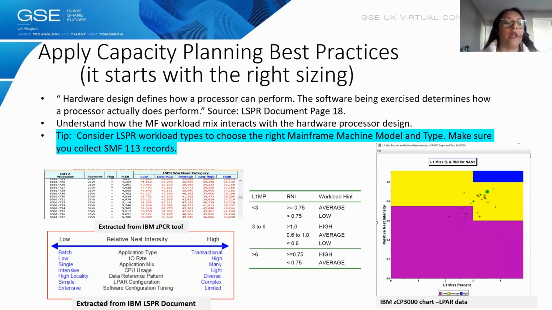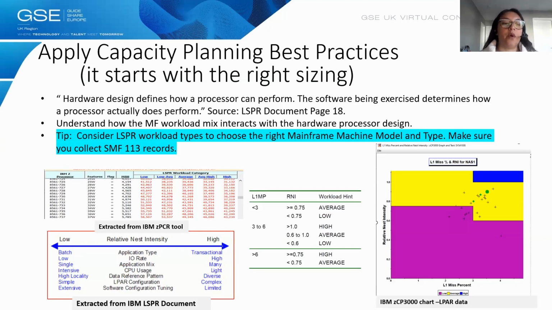And if your workload mix is more batch related at certain points of the day, for example during the night, you tend to extract more capacity or more MIPS from the same hardware or from the same machine model and type.